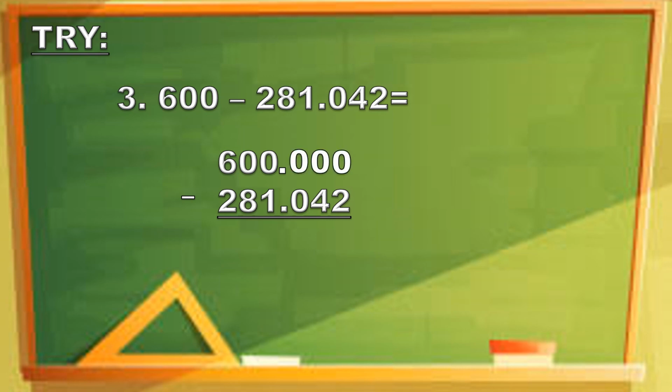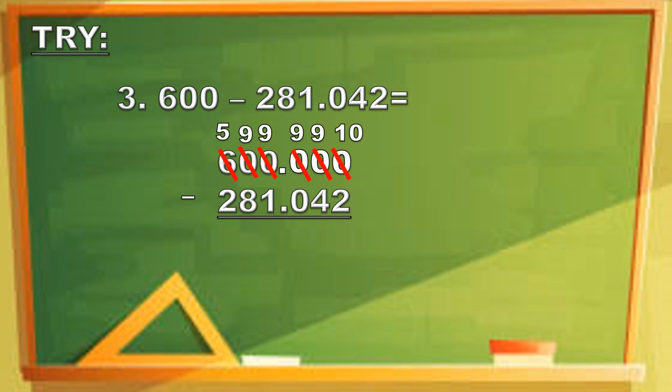And then we subtract. This time we have to regroup. So this will become 10. This is 9. This is also 9. This is 9. This is 9. And 6 will become 5.